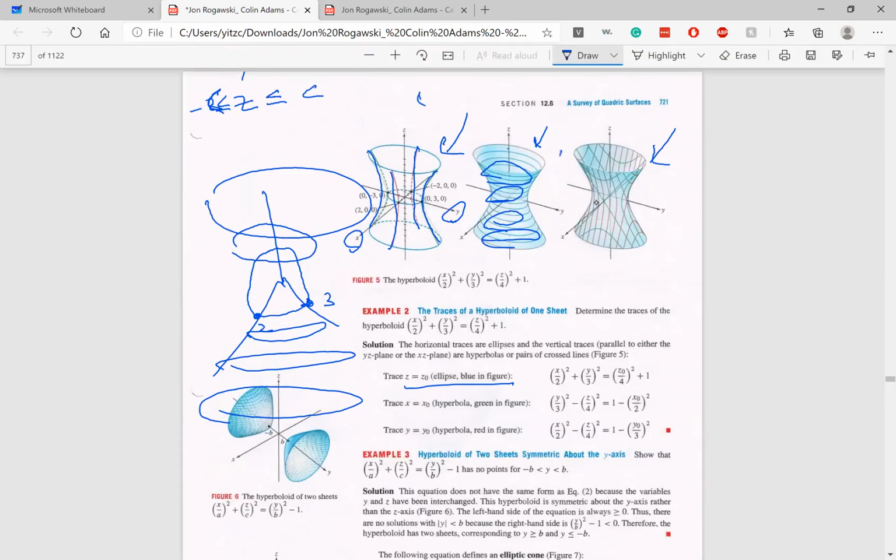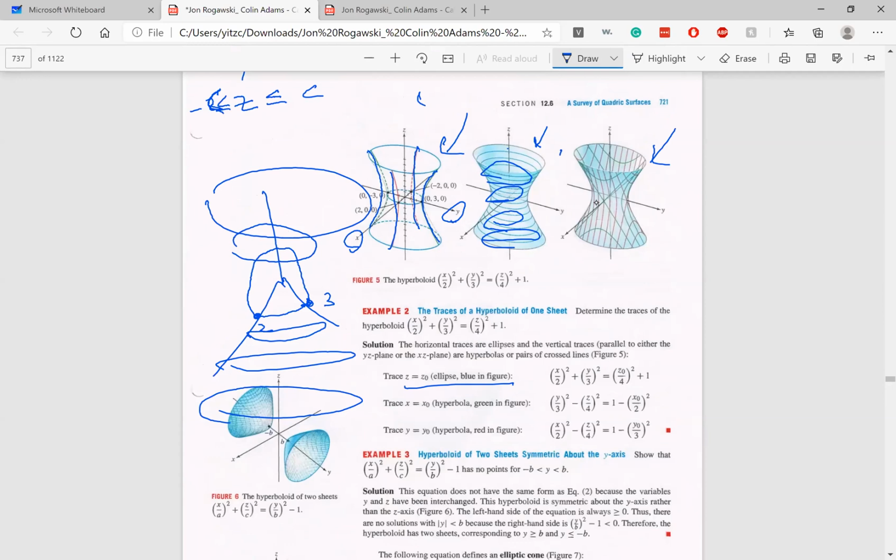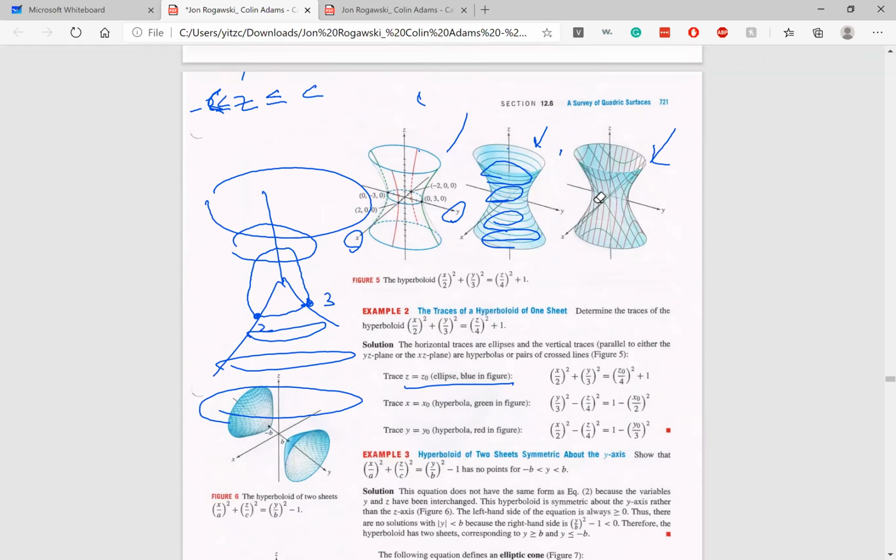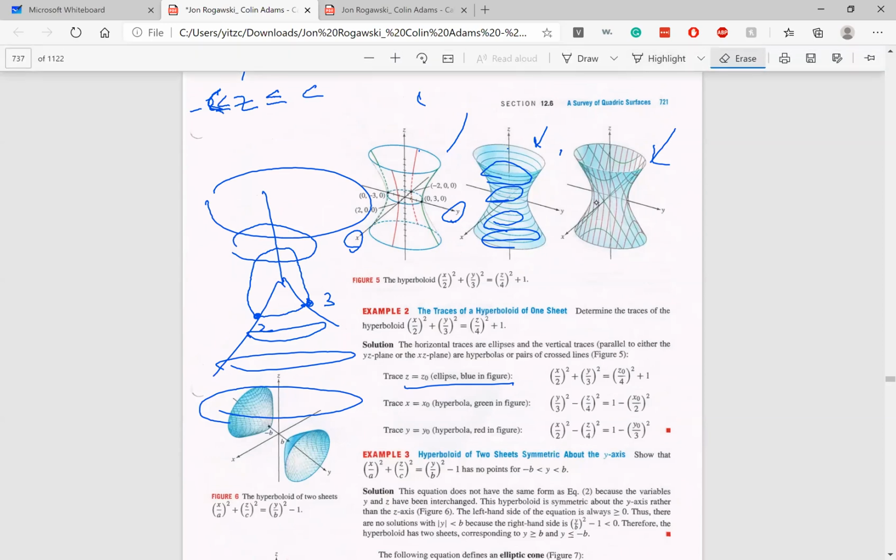That's that ellipse. Okay, that's this ellipse right over here, down here, this blue one. And then you have ellipses.